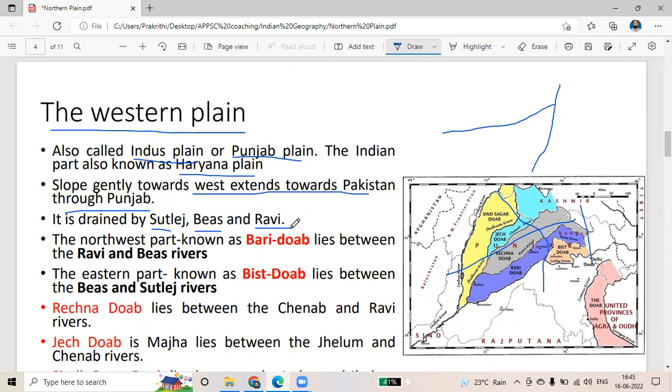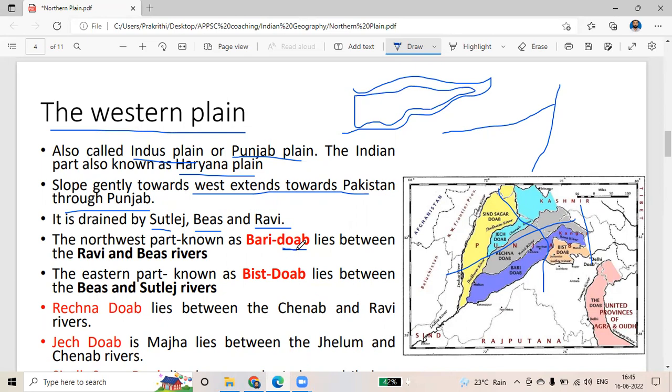When we talk about the Western plain, you have to understand another term, that is doab. A doab is like this: one river goes this way, another river goes that way, and between them there is a land. That land is termed the doab.